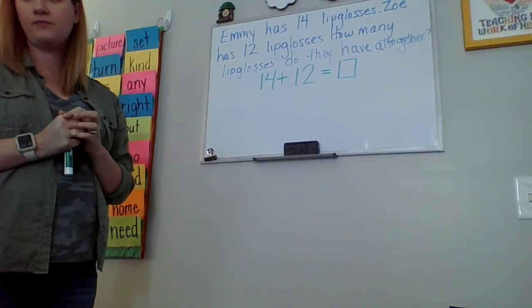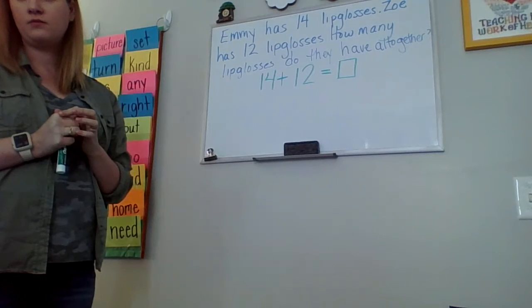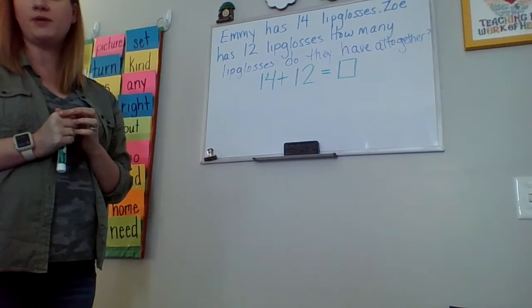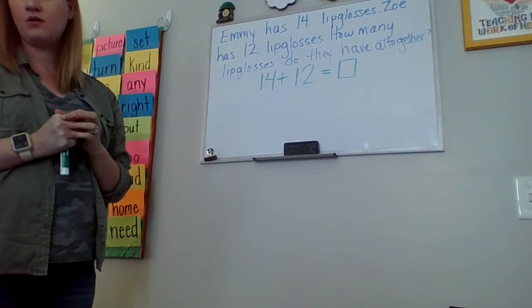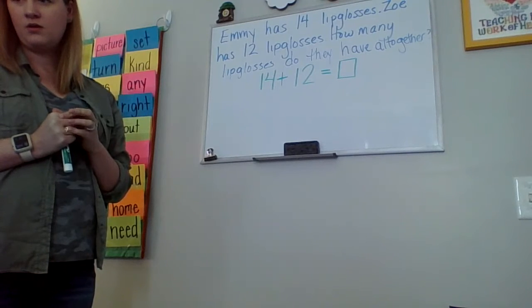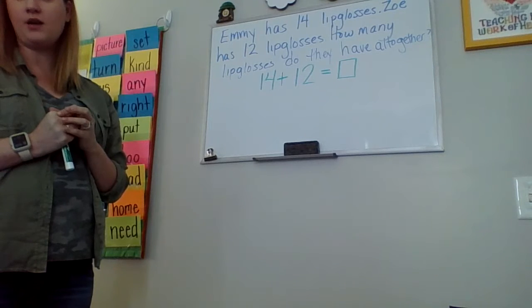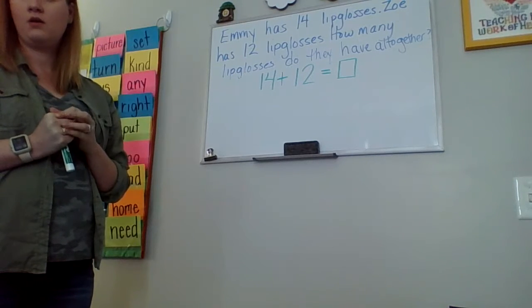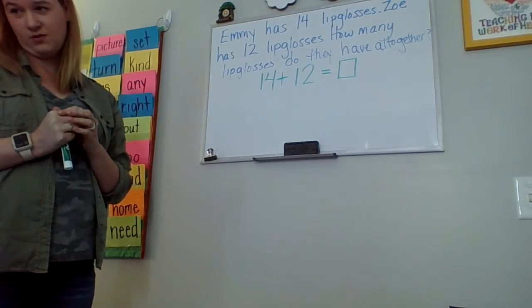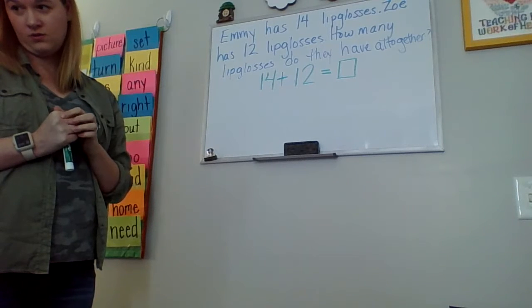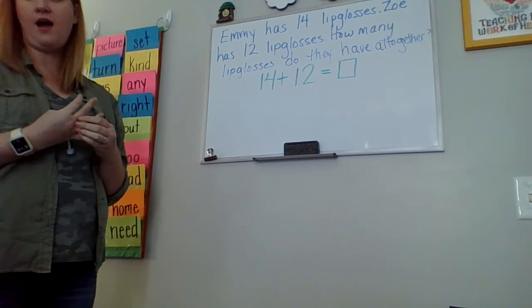Good, Journey. Careful, Vita, you have your numbers backwards. You have 14 as 41. Okay, that's a number bond, Emmy. Careful with your work there, Alice.